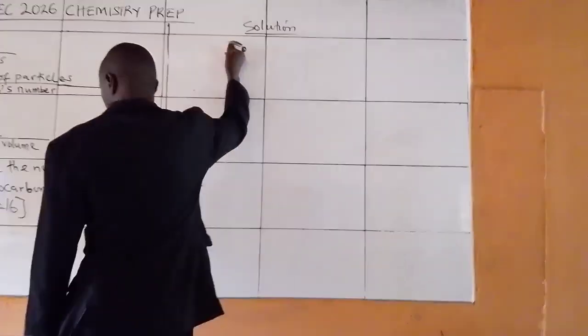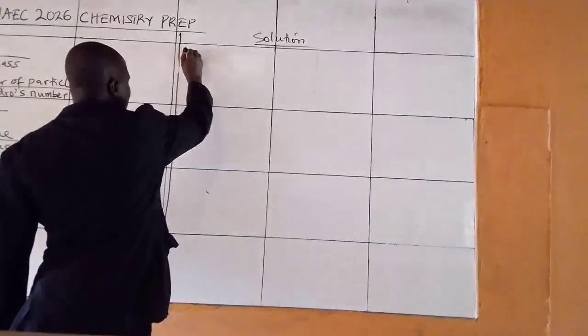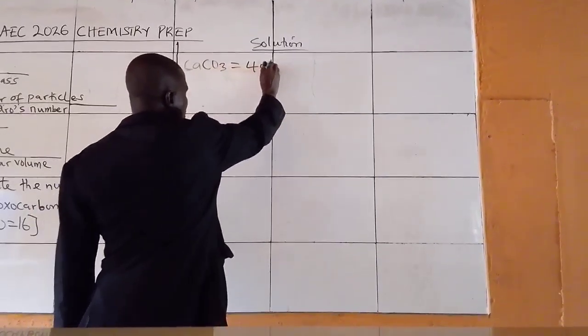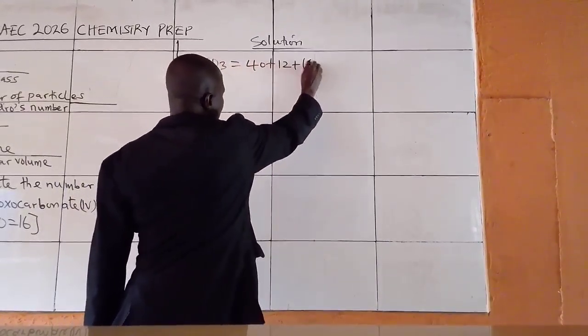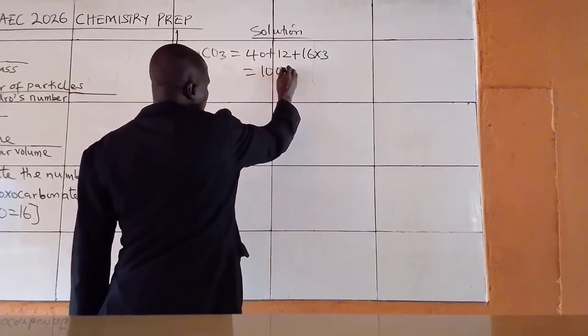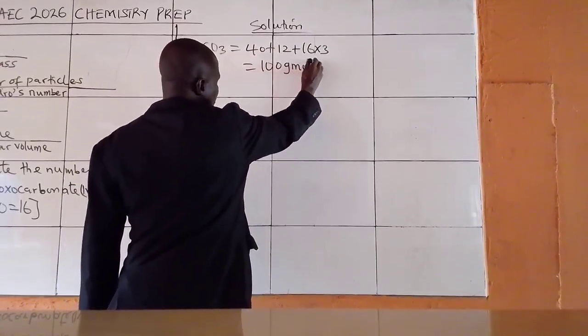Now, this is the solution. CaCO3 is equal to 40 plus 12 plus 16 times 3, which is equal to 100 grams per mole.